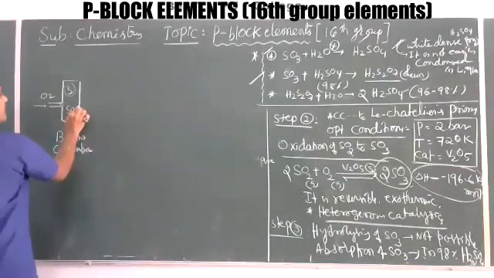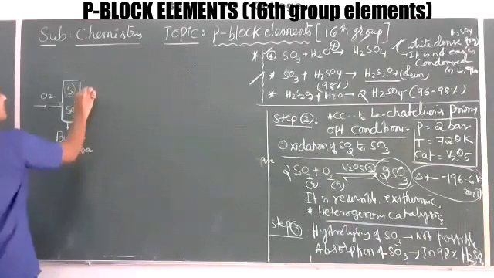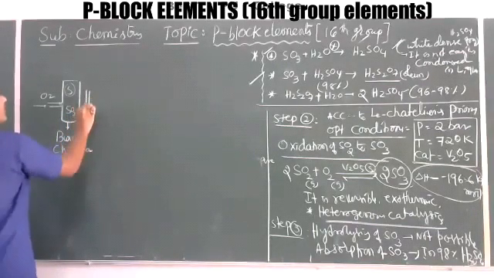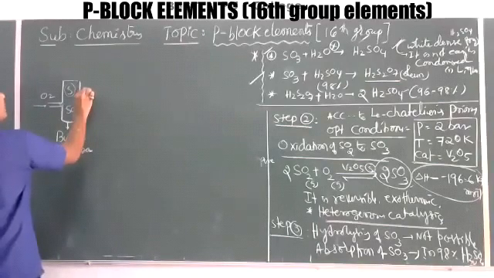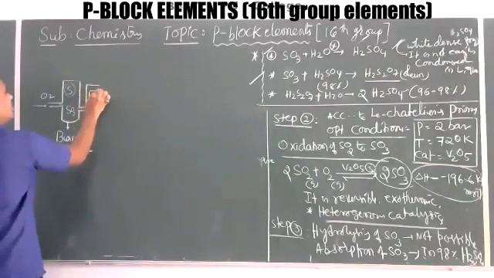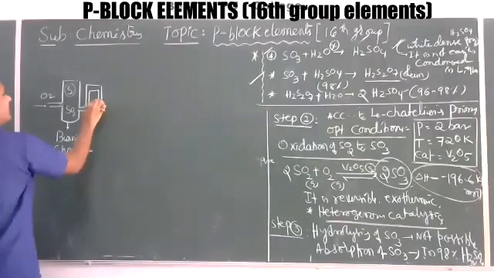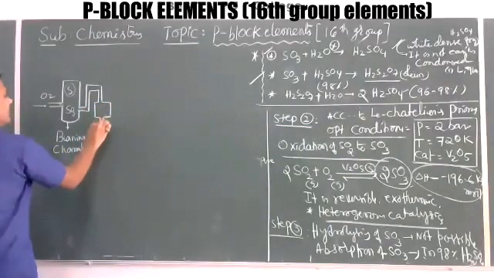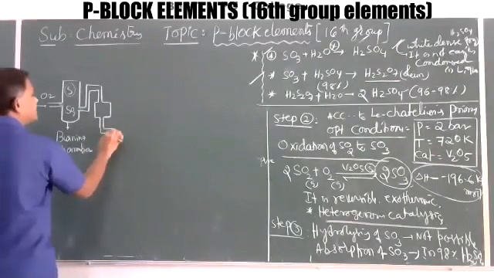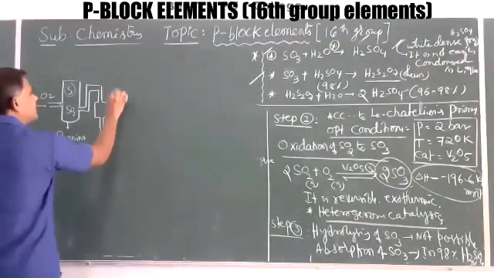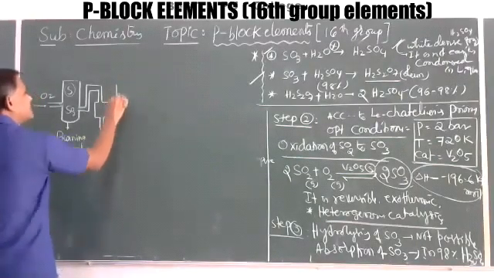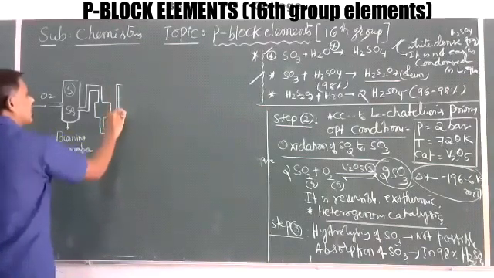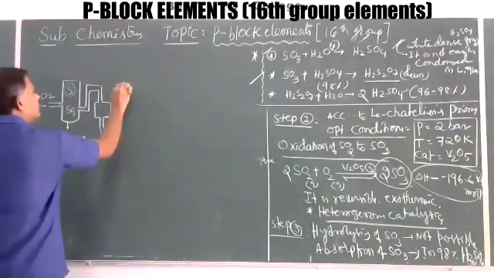The obtained sulfur dioxide gas contains some impurities. These impurities are removed by using the dust chamber. After removing the dust impurities, we can send this sulfur dioxide gas into one tower.